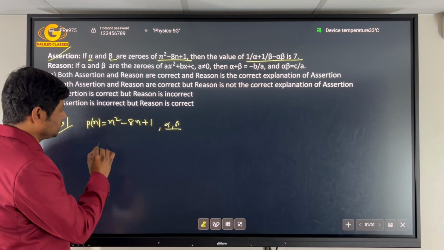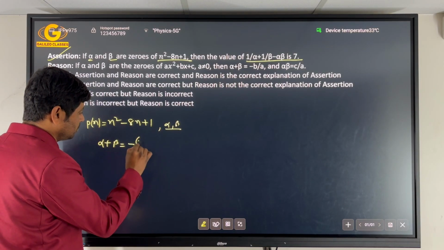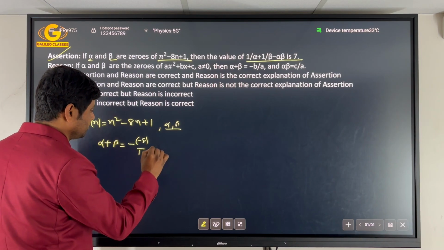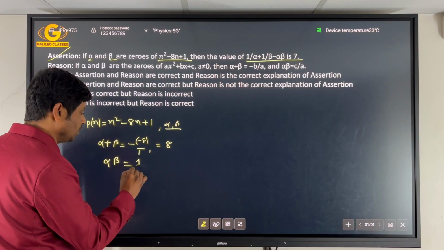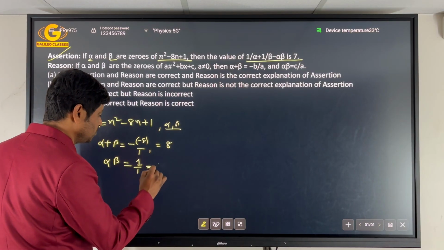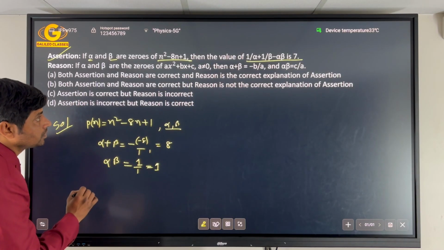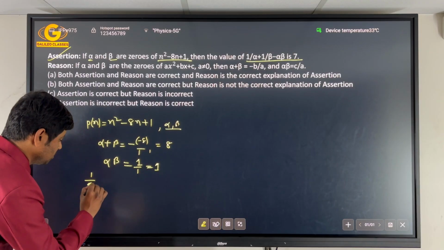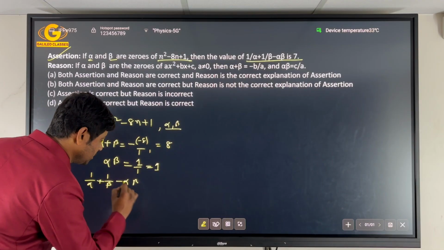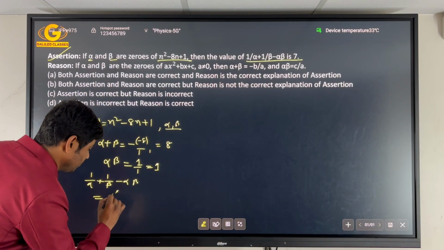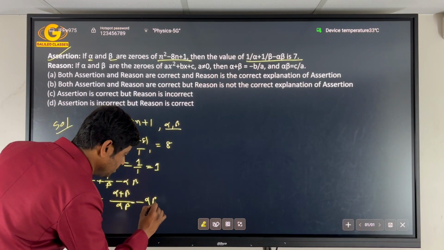From the relation, alpha plus beta is equal to minus of minus 8 by 1, that is equal to 8, and alpha into beta is equal to 1 by the coefficient of n square, which is 1. Putting this in the expression, 1 by alpha plus 1 by beta minus alpha beta is equal to (alpha plus beta) by alpha beta minus alpha beta.